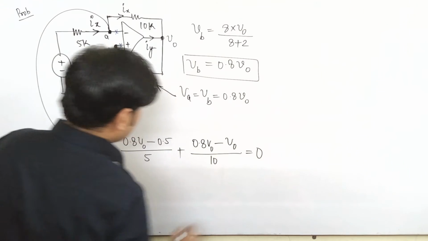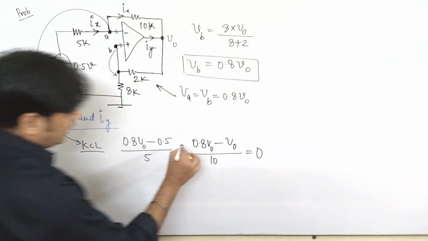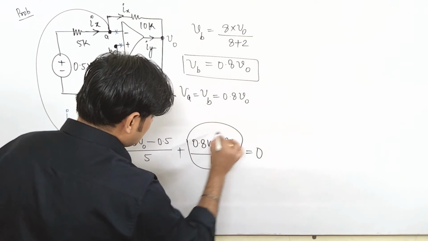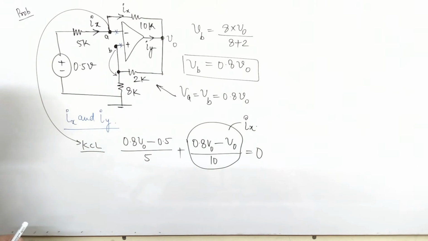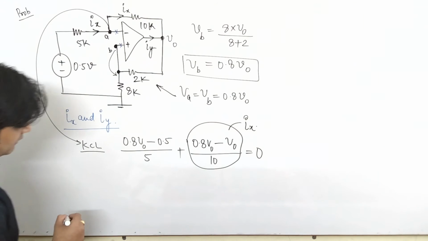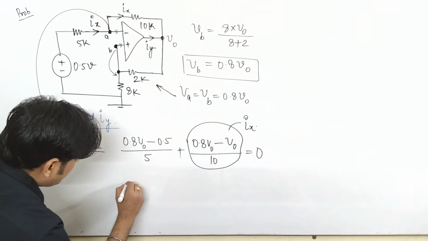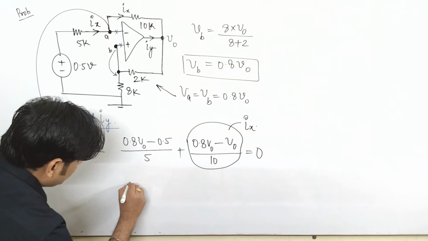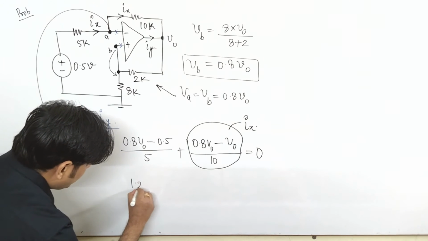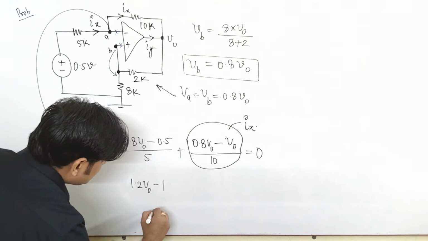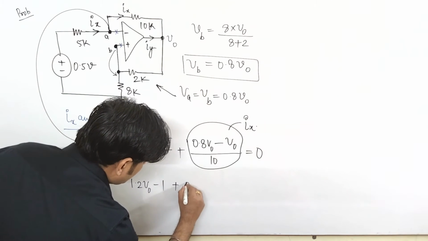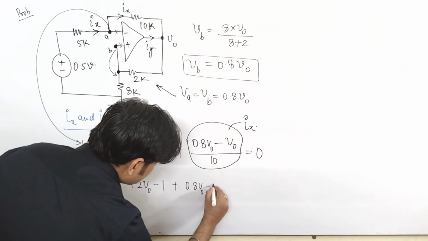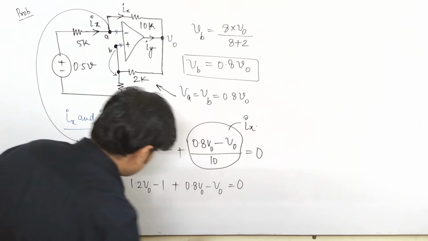That is equal to 0, and this is basically your value of Ix. So we first find V0 by multiplying by 10, and we get 10 into 0.8 V0 minus 1 plus 0.8 V0 minus V0 is equal to 0.